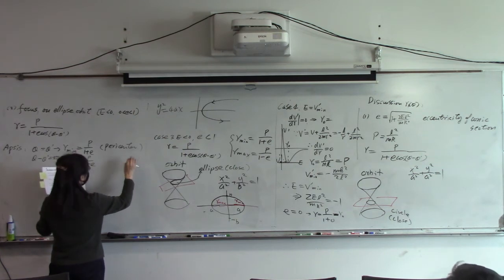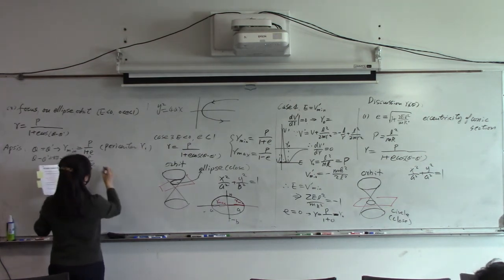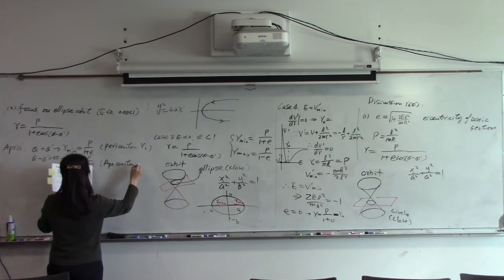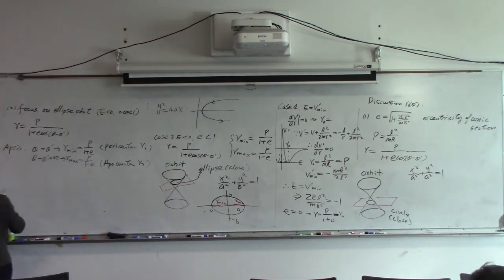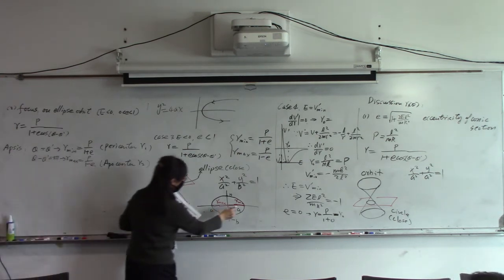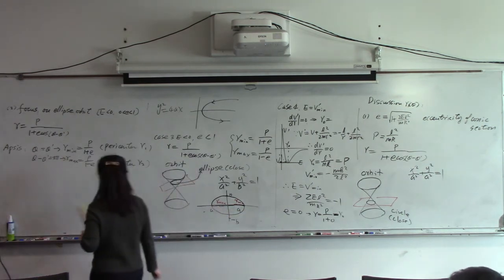From now on, instead of R minimum let's use R1, and this is a focus center, and R2 for R maximum. This R minimum, R maximum, we use R1, R2.